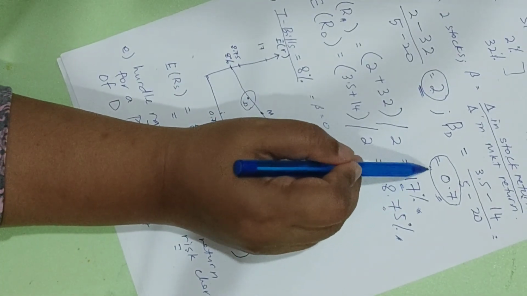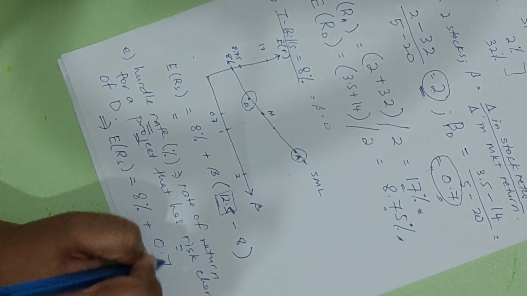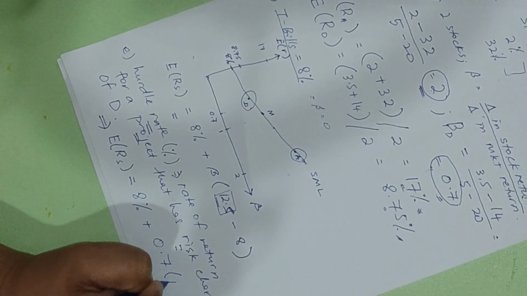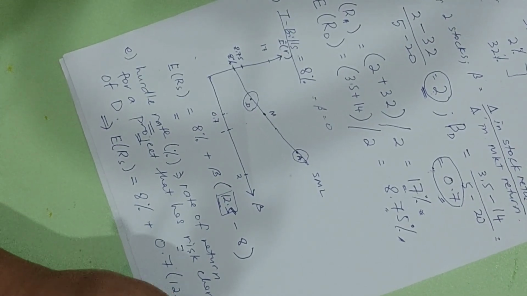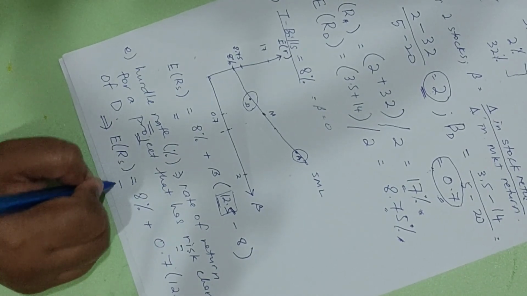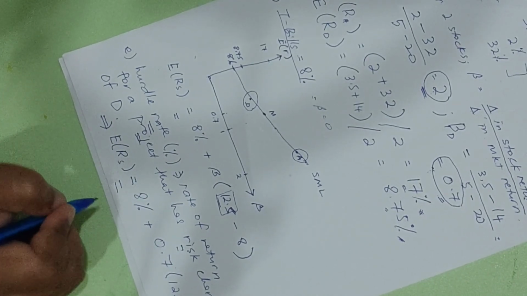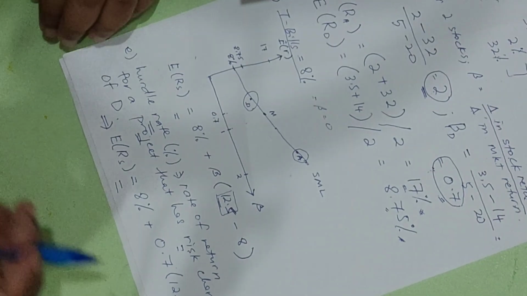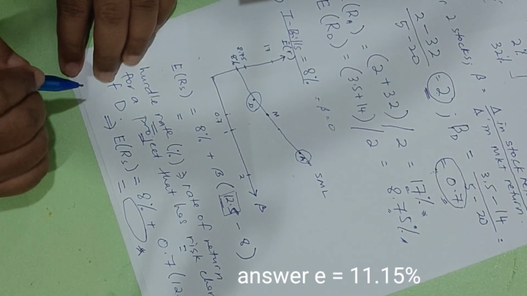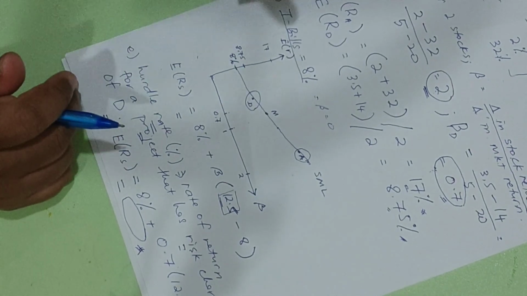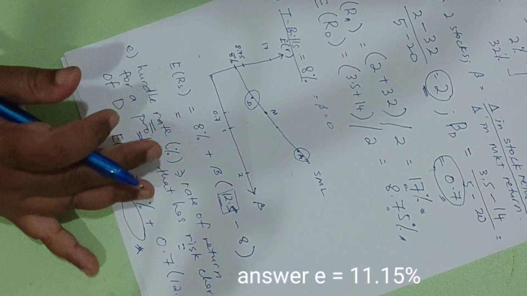Here 0.7 times 12.5 minus 8, so we should get the answer here. Alright, so that is all for question number 12.